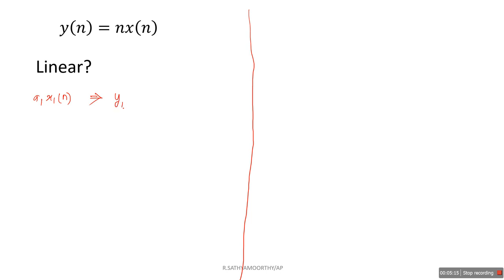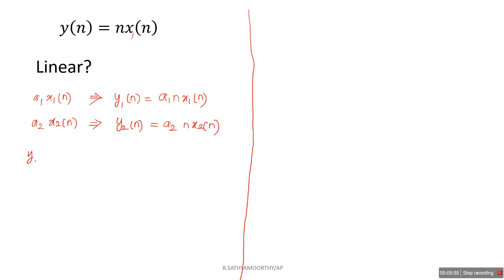In that case the output is y1 of n equal a1 n x1 of n. The second input is a2 x2 of n, and y2 of n equal a2 n x2 of n. These are the individual responses of the inputs.